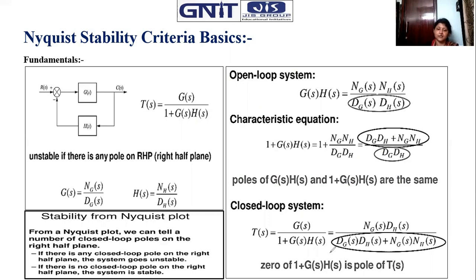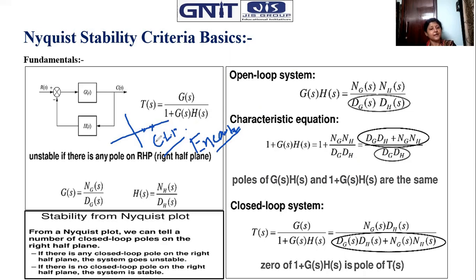The modification is 1 plus (s plus 1) divided by (s plus 2), which gives (s plus 2) plus (s plus 1). This is the numerator polynomial for 1 plus G(s)H(s), so we get 2s plus 3. The modification is done only in the numerator of 1 plus G(s)H(s).